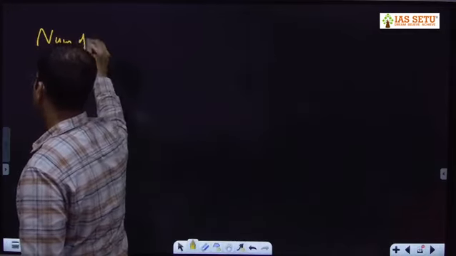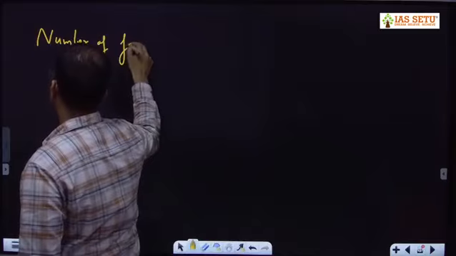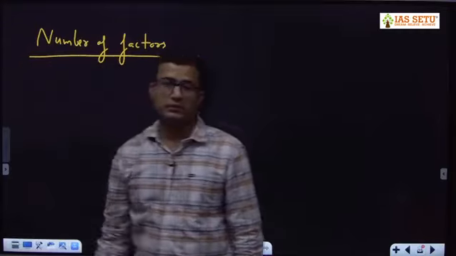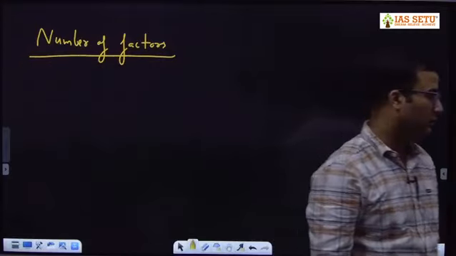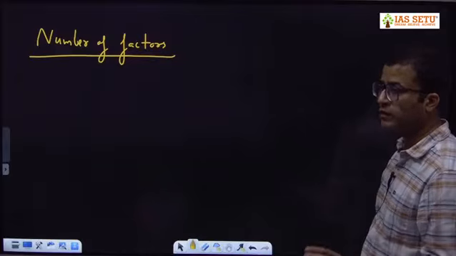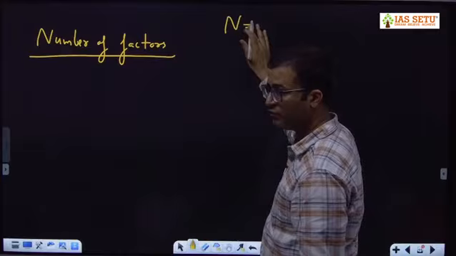So now you put the heading: number of factors. I tell you the shortcut for number of factors. First thing is we have to express the number in prime form, which we already know.